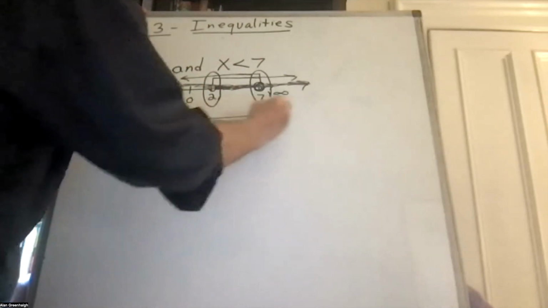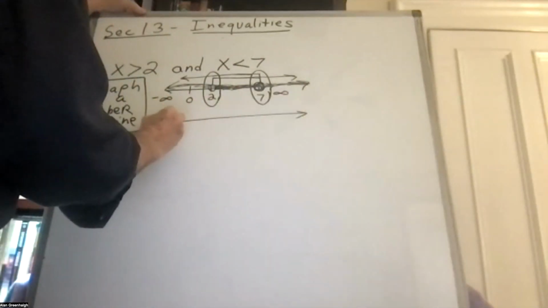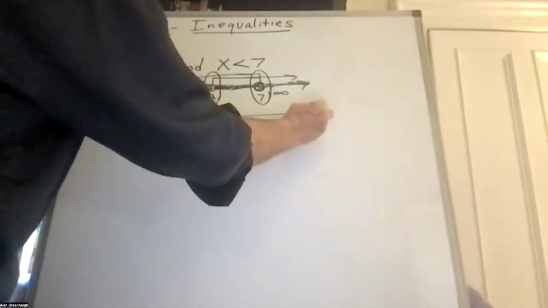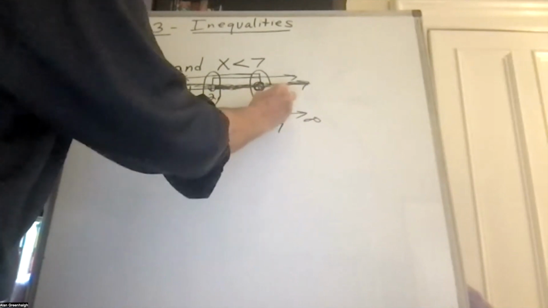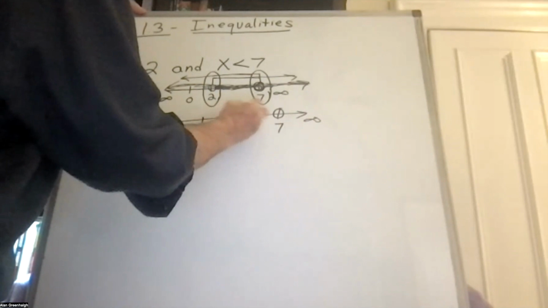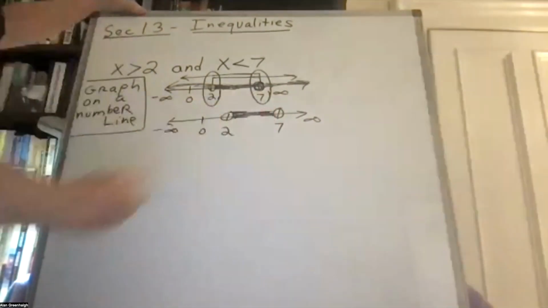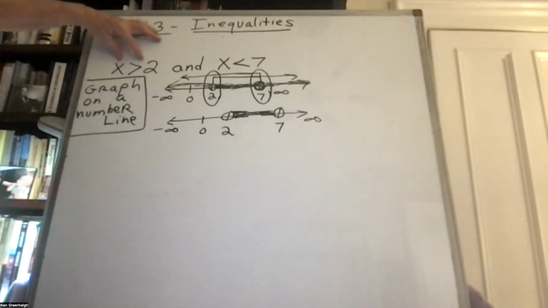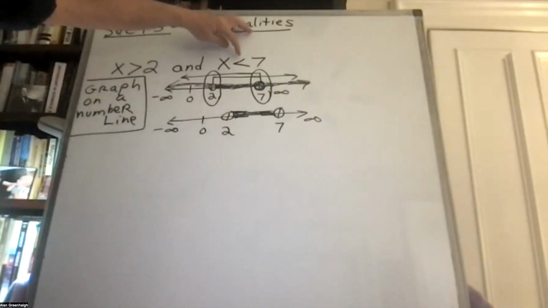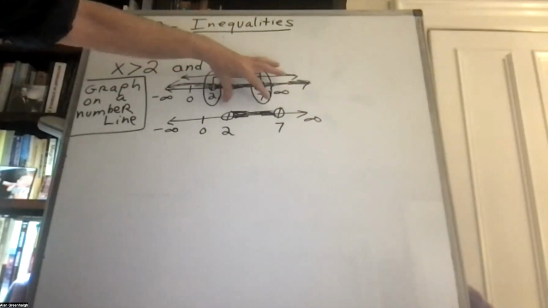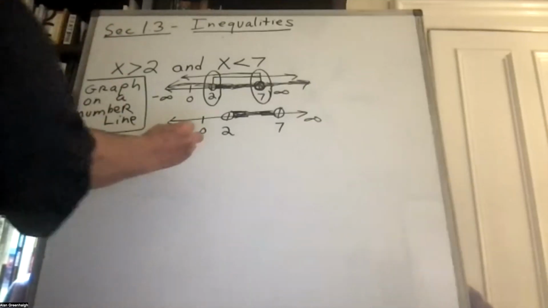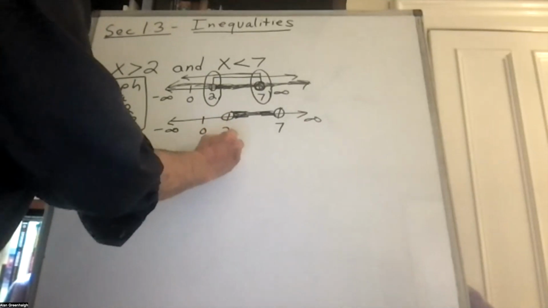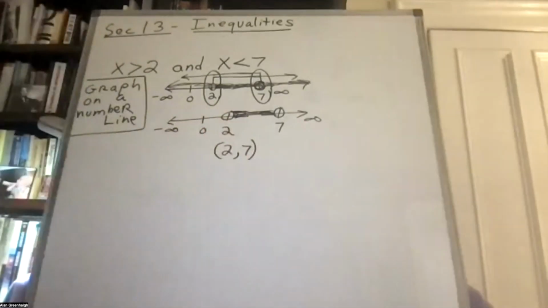In other words, rewriting this so it looks presentable. This is what it looks like. Any number which is greater than 2, less than 7, this is what it looks like. And in interval notation, this is what it looks like.